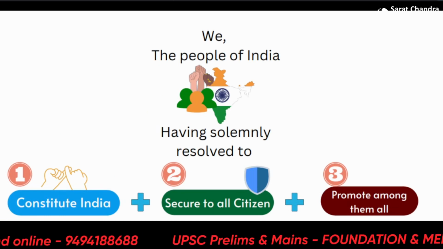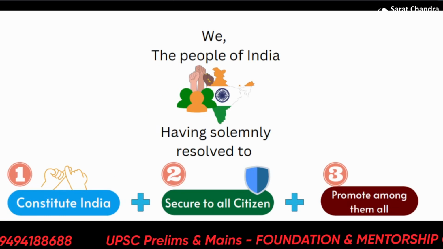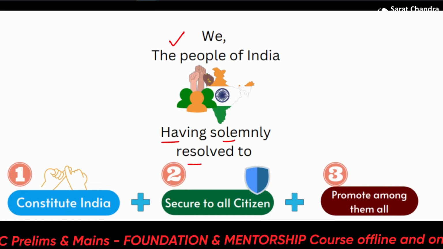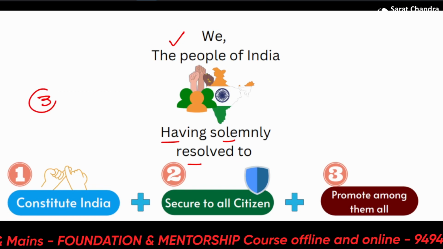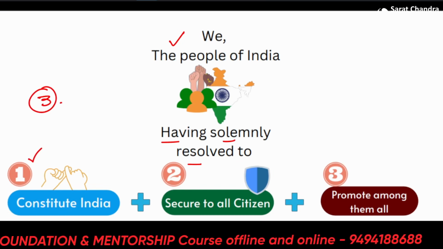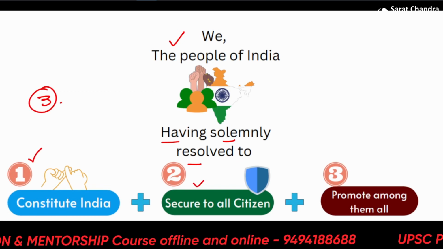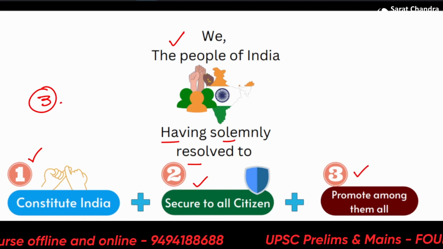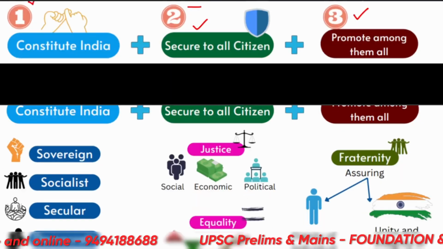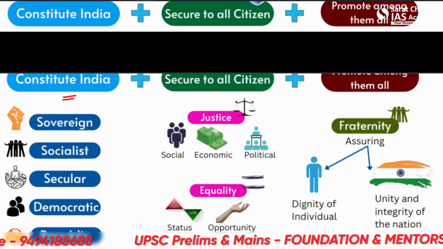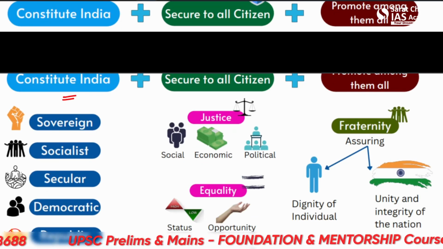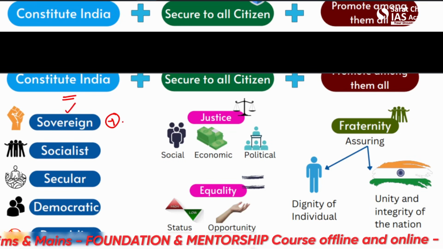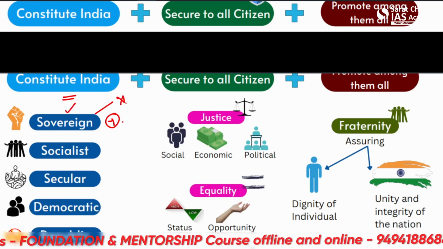So it says, we, the people of India, having solemnly resolved to do three things. The first is to constitute India. Second, to secure to all its citizens. Third, to promote among them all. Alright, let's move forward. Constitute India into what? Five things. The first is a sovereign. Sovereignty means that there is no higher power ruling us.